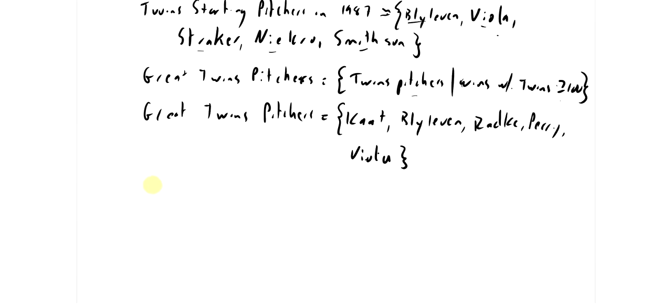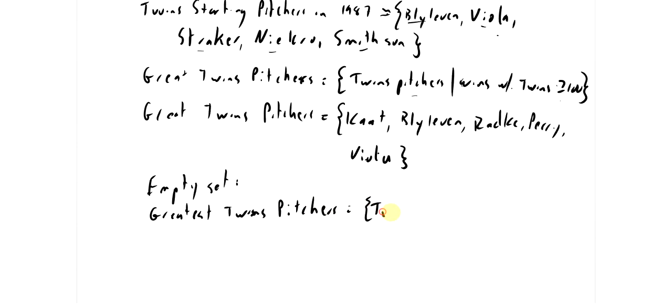Sometimes properties don't work. We get something called the empty set. We could say, let's define a set, greatest Twins pitchers. And we'll call that, out of all the Twins pitchers, right, we want the ones that have wins with the Twins at least 200.